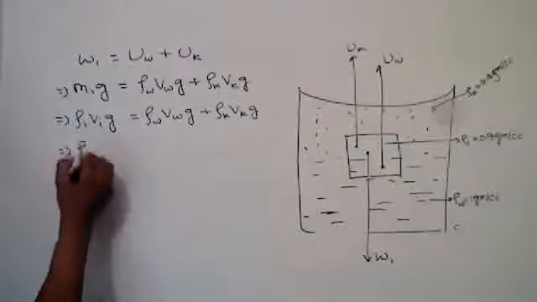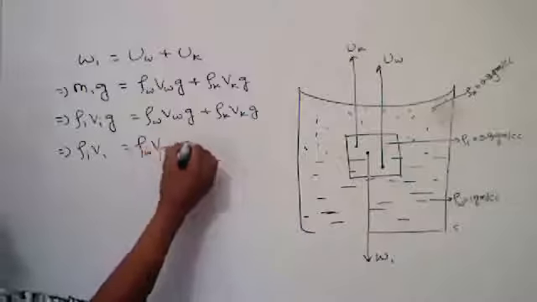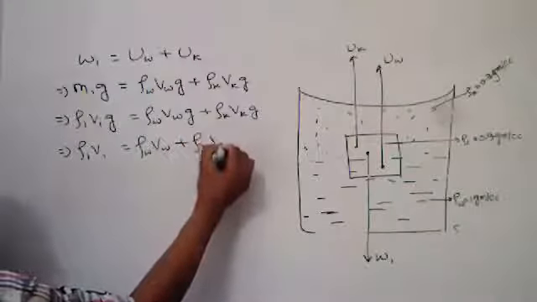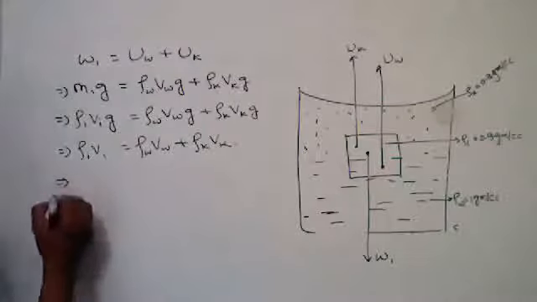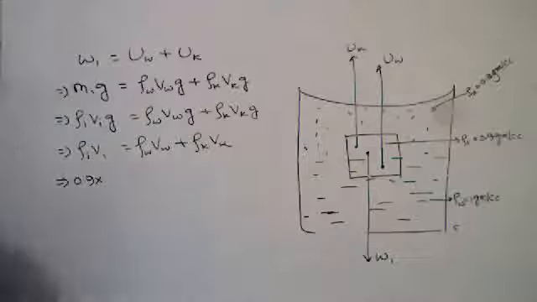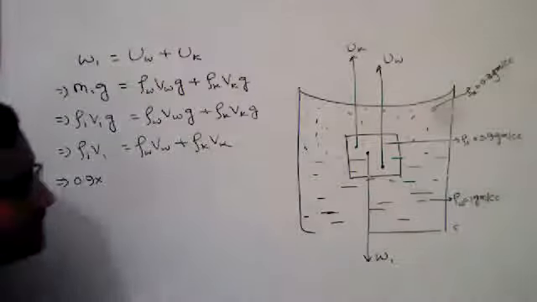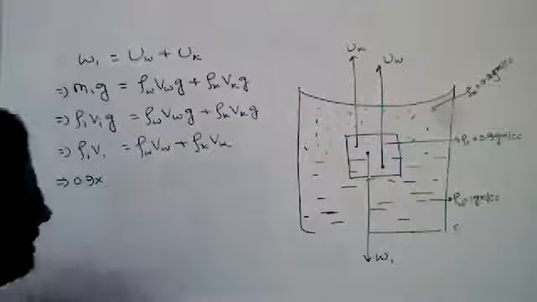So we can write rho I VI equals rho W VW plus rho K VK. G is deducted from both sides.